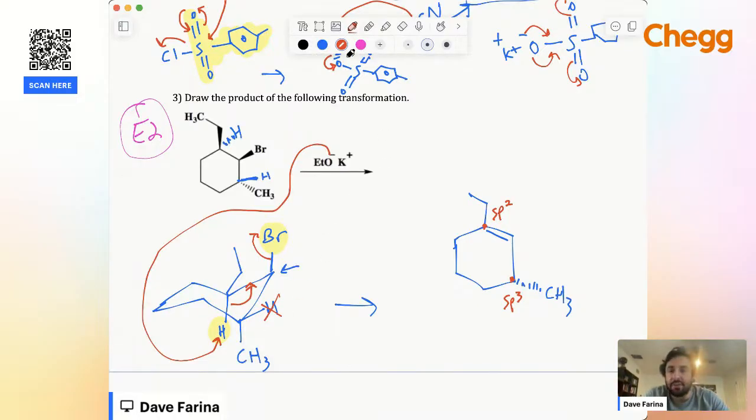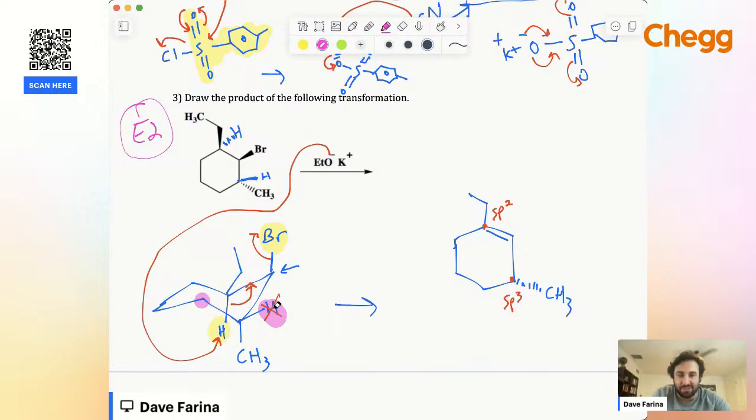So a proton that is equatorial is anti to the rest of the ring. So the reason that the cyclohexane chair is so stable, or why the equatorial position is stable, is that if you could draw a Newman projection for any carbon-carbon bond, the point here is that you need the leaving group to be anti to the proton being extracted so that the p orbitals can overlap to form the pi bond.